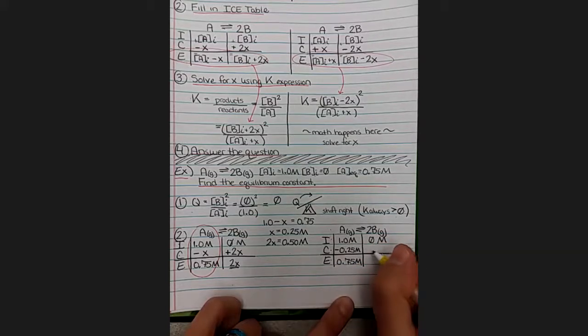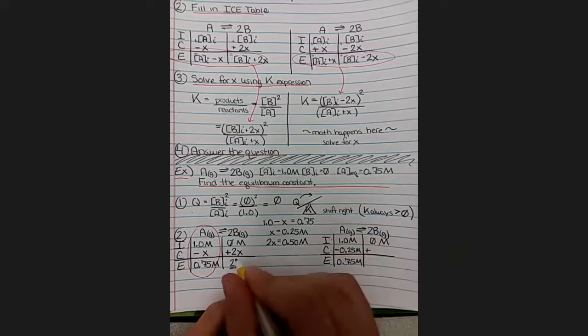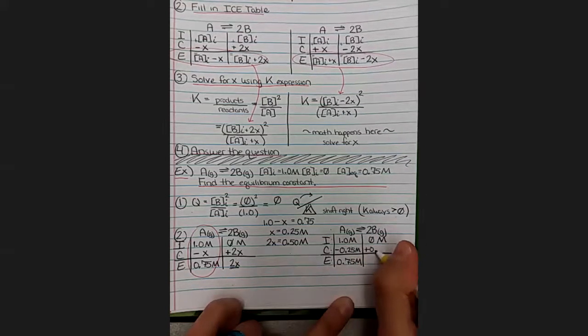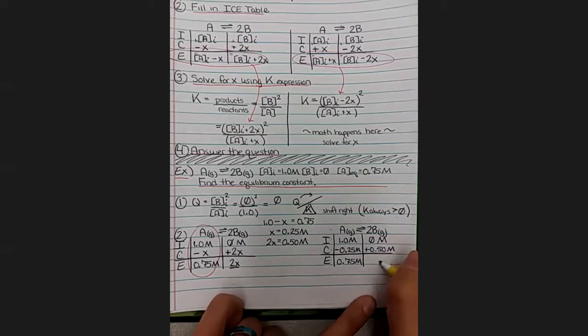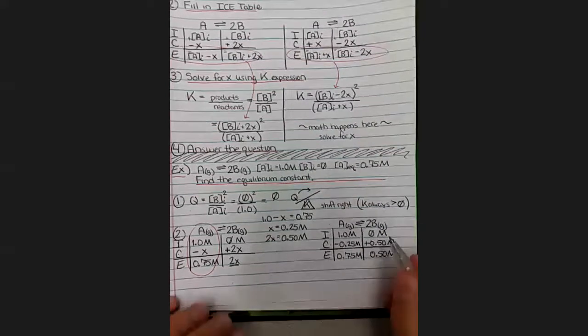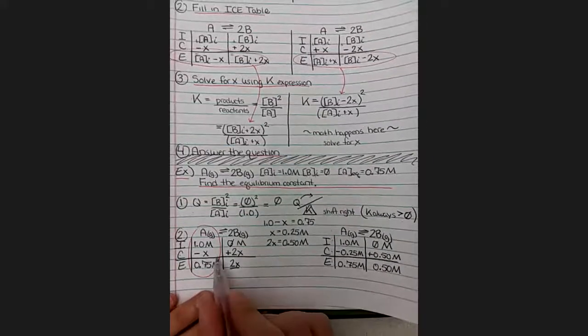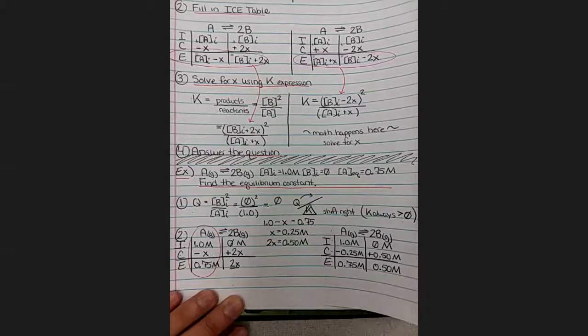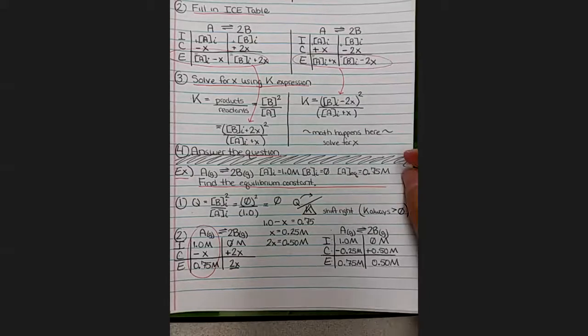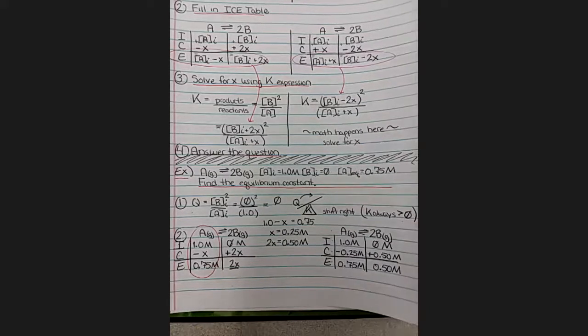The change for B is going to be plus 2 times X, 0.50 molar. And then 2X down here, 0.5. So watch out for this. It's easy to forget to put in the coefficient with the 2 times X. That's why I like to make the table over here first with the generic variables, and then fill in the numbers once I'm sure. Okay, so that's step 2.